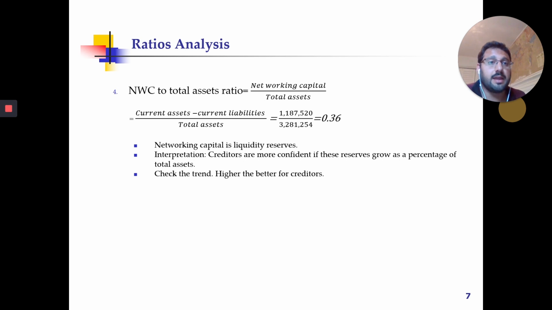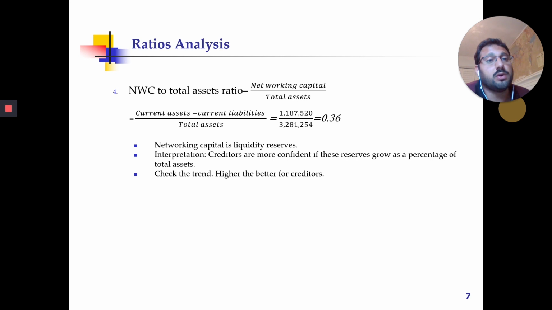And again, if you are a creditor, you want this number to be big. And over the period of time, if it is increasing, it means that the company has enough liquidity reserve as a percentage of the total asset.